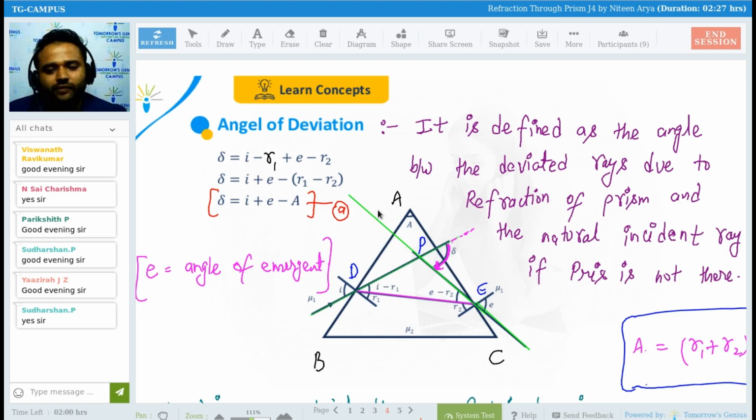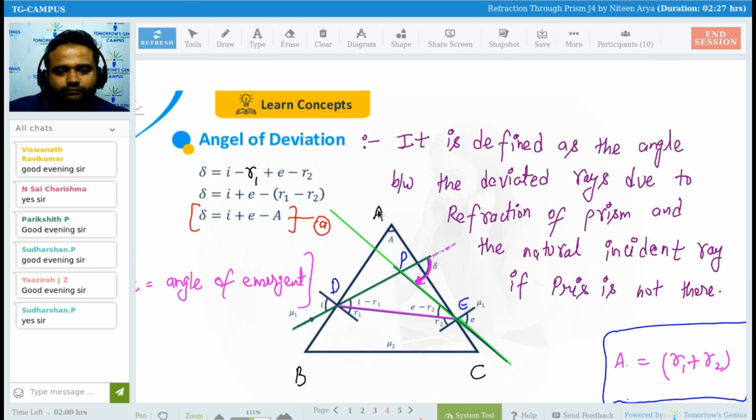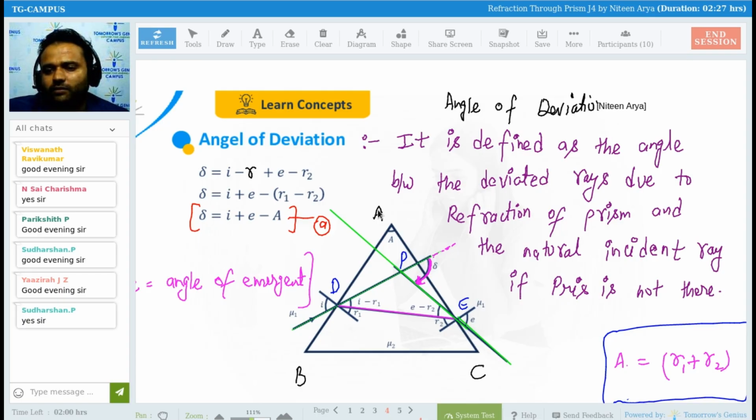In the same sense, what is the angle of deviation? I can write it, angle of deviation, simply this is the symbol and this is your angle of deviation.